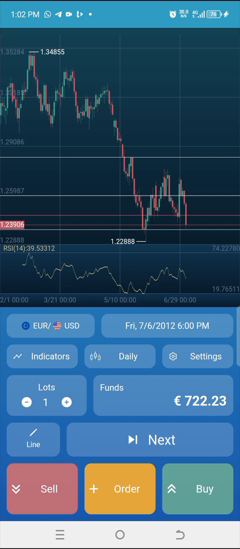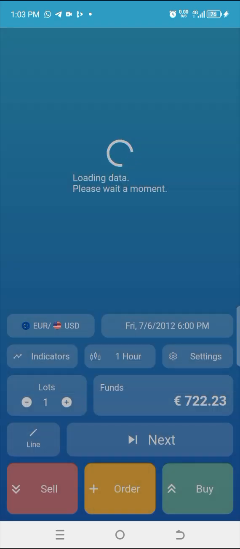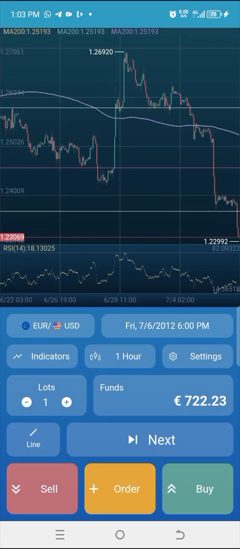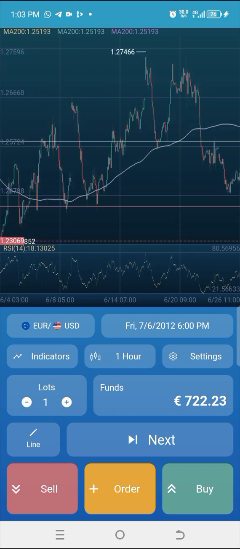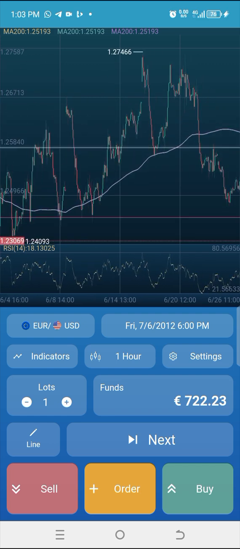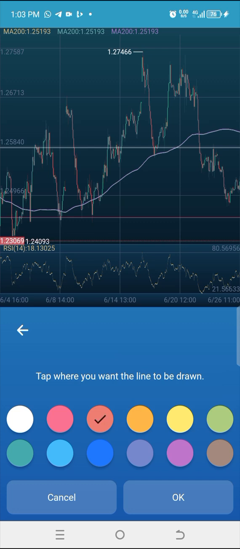So this is where we are. The next step is to go to the 1 hour. After marking that, we go to the 1 hour. As you can see, remember this is the open of that candle, this one right here, and this is the close of that specific candle.